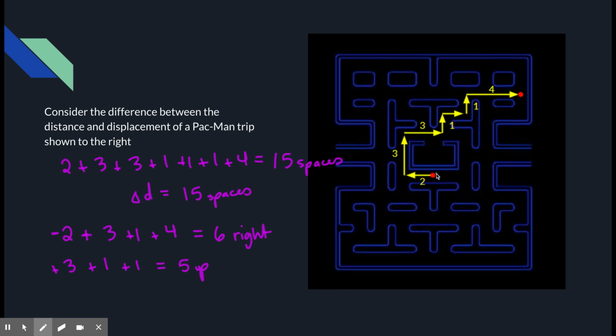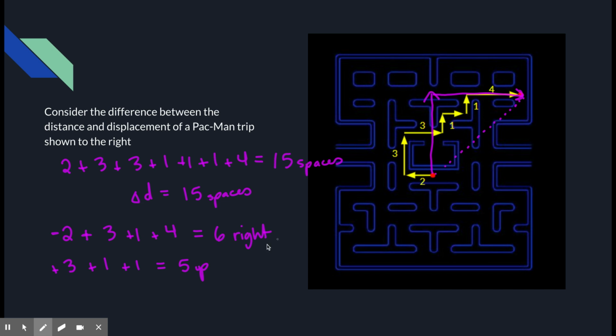Because if you look, 5 up ends up being all the way up here, and then they've gone 6 to the right. So they have actually traveled from their starting point to their ending point.